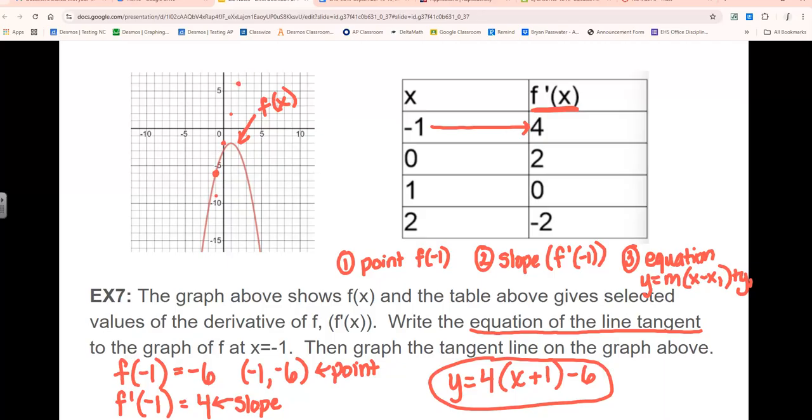You could also go down 4, left 1, and draw in that tangent line right there. That's probably the easiest way. You don't even have to put it in y equals mx plus b. Just take the point you know is on the graph and use your slope to graph it.